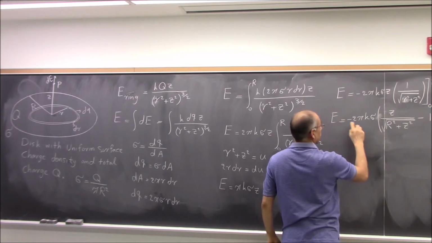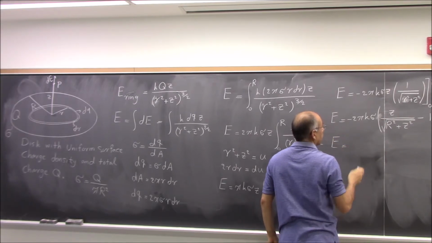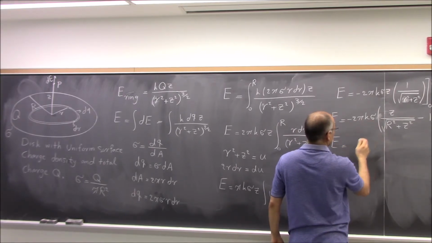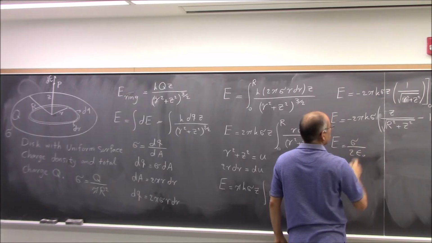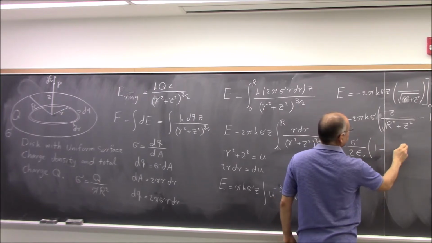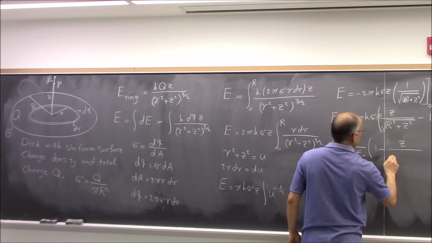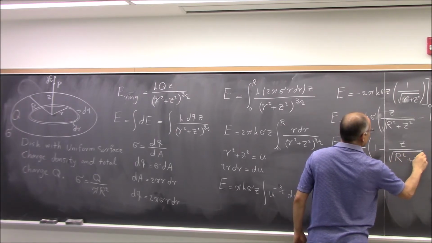Then you can apply this negative sign. E becomes, instead of 2 pi k, I also write sigma over 2 epsilon naught. This is 1 over 2 epsilon naught, and 1 minus z over the square root of r squared plus z squared.